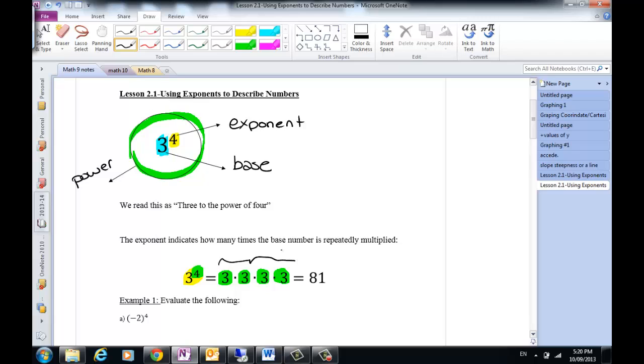This is our expanded form. This we call our index form. And finally, when we simplify it completely and we get 81, this is just our simplified form.